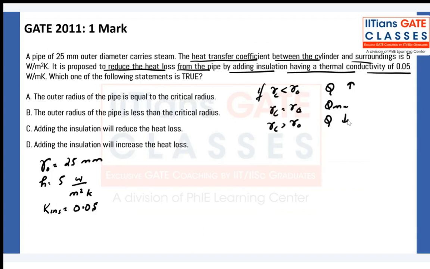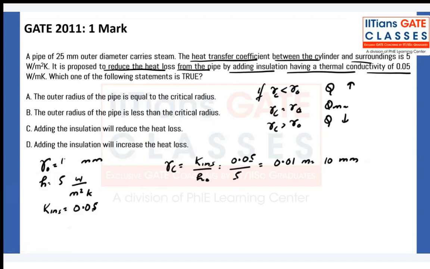RC is equal to K insulation upon H naught, which is 0.05 upon 5, which is 0.01 meter, or 10 millimeter. And what is the radius? It is 12.5 millimeter, not 25, because the diameter is 25.